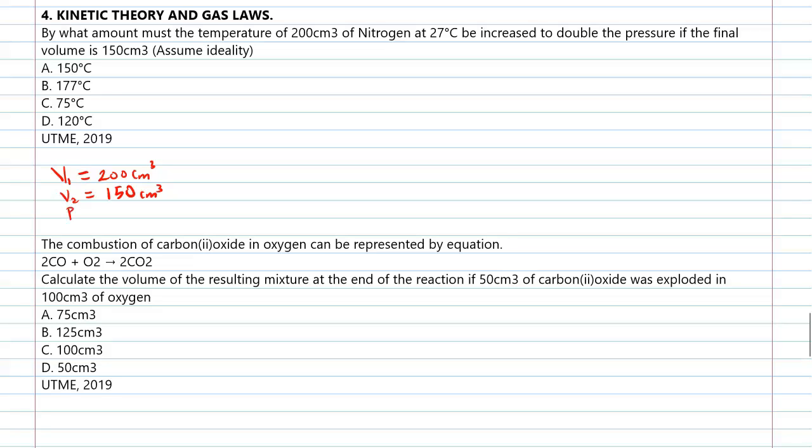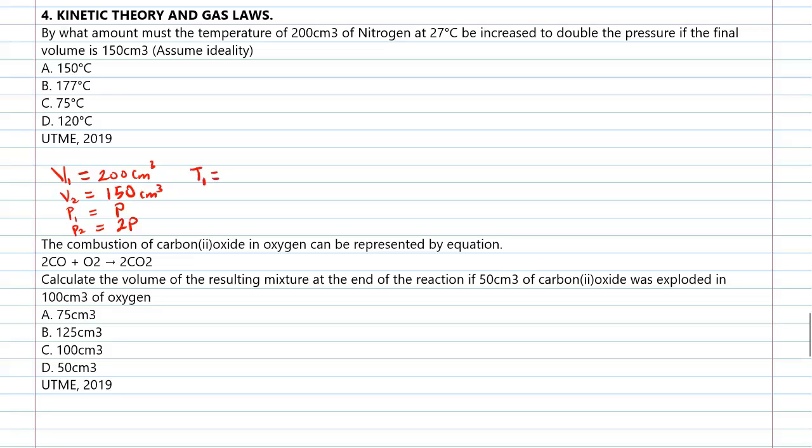If the initial pressure P1 is P, the final pressure P2 will be 2P. How? The question says, by what amount must the temperature of 200 cm³ of nitrogen at 27 degrees centigrade be increased to double the pressure? Double of P is 2P.